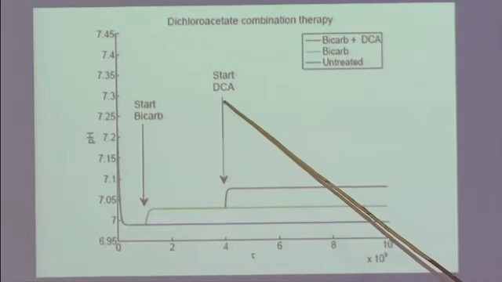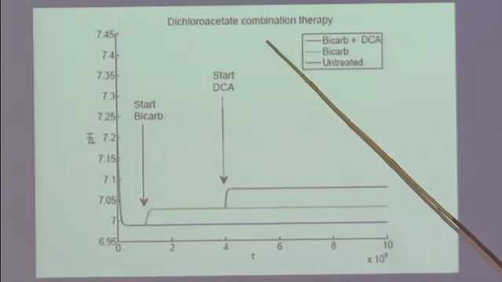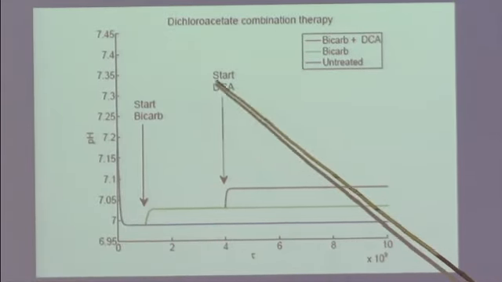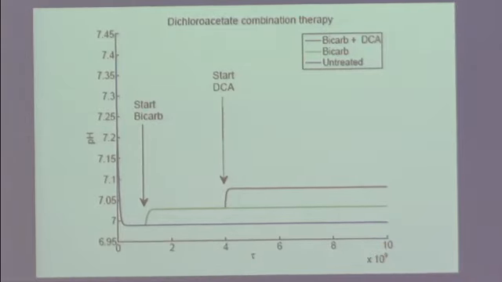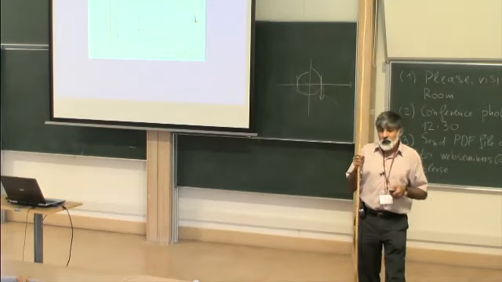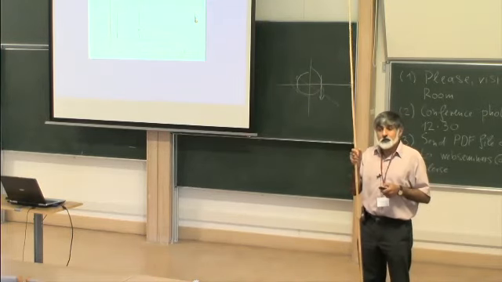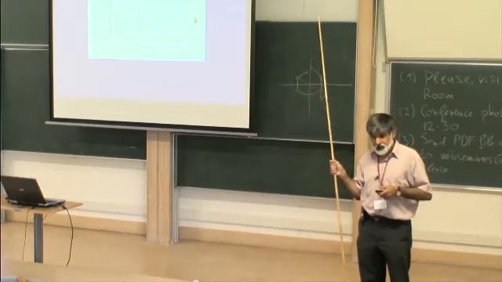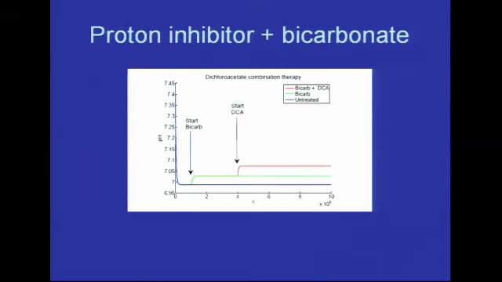And this thing here, DCA, is a proton inhibitor. So we've made a suggestion that one should do a mixture of bicarbonate treatment and proton inhibitor treatment. And this is starting to be done by colleague Ian Roby in Arizona, starting to do these experiments on mice to begin with. Do combination therapy and see whether this is better than doing the simple therapies.